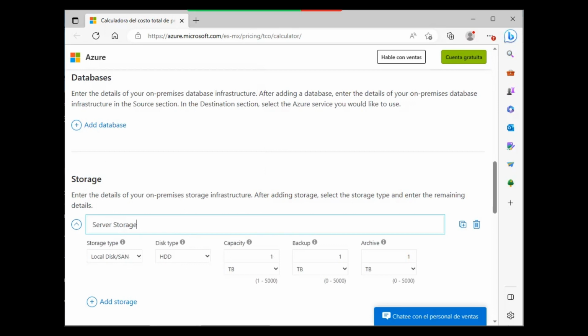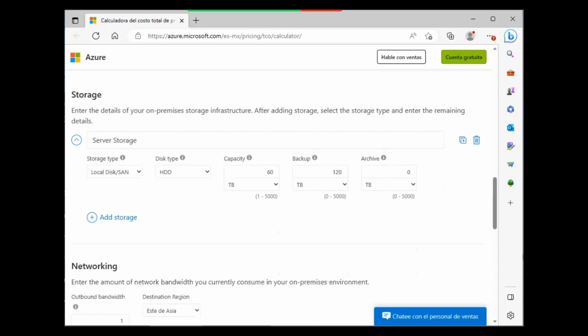Disk type HDD. Capacity 60 terabytes. Backup 120. In archive, 0. That's it. Under networking, set outbound bandwidth to 15 terabytes.